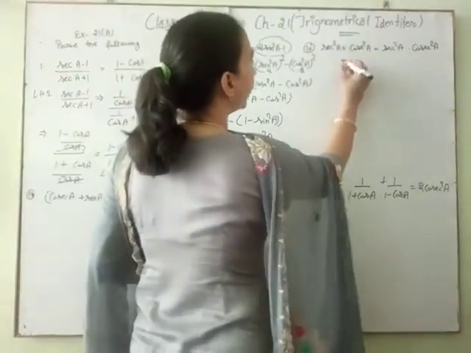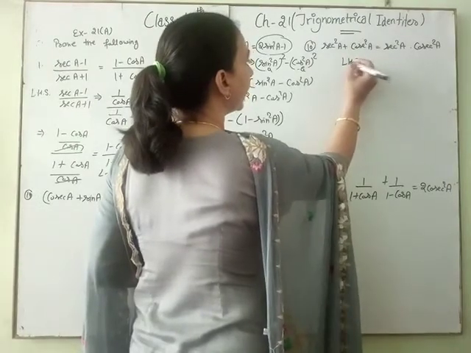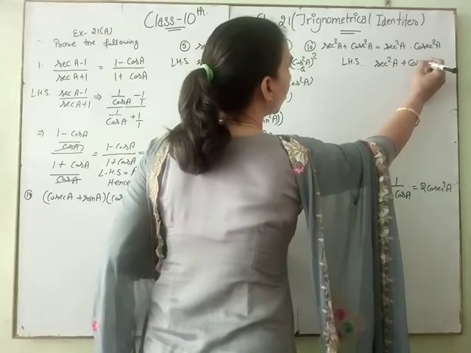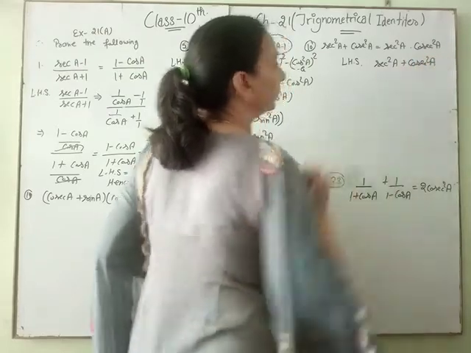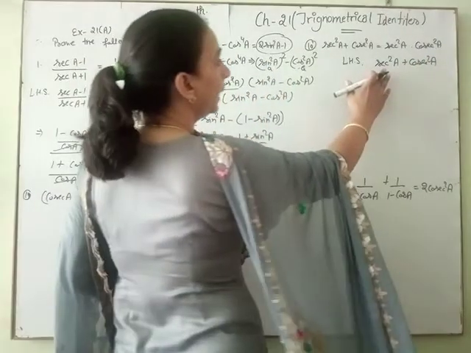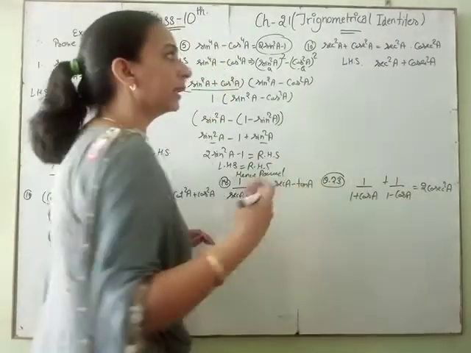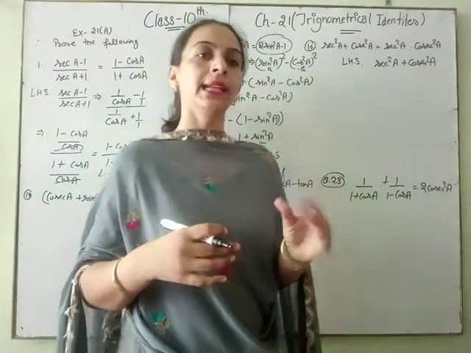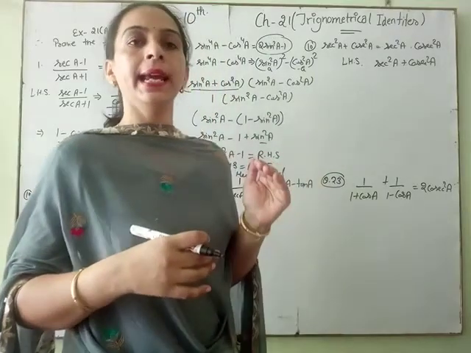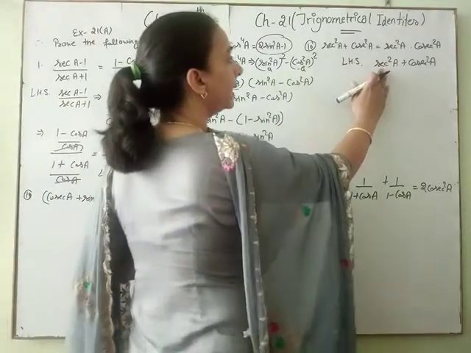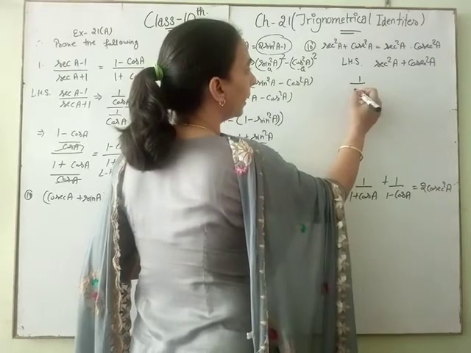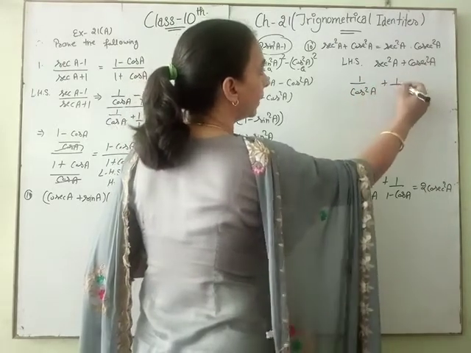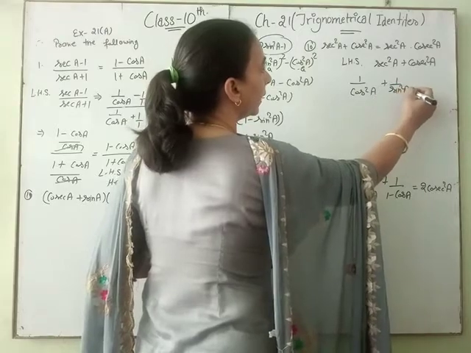I take the left hand side, secant square A plus cosecant square A. We mostly write tangent, cotangent, secant, cosecant in form of sine and cos. And what is secant? Secant is 1 by cos square A, plus cosecant, which is 1 by sine square A.